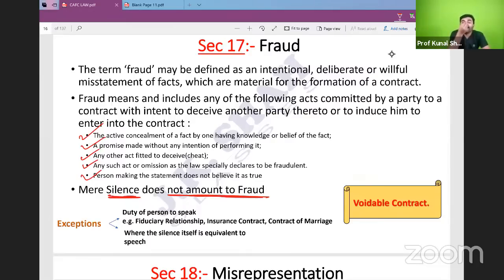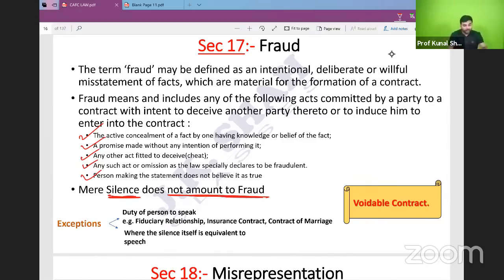So if you are speaking something which you know is false, then you are doing a fraud. But if a person is not speaking anything, that does not mean he's doing a fraud. If a person is just keeping silence, it does not mean he's doing a fraud. So the rule: mere silence does not amount to fraud.